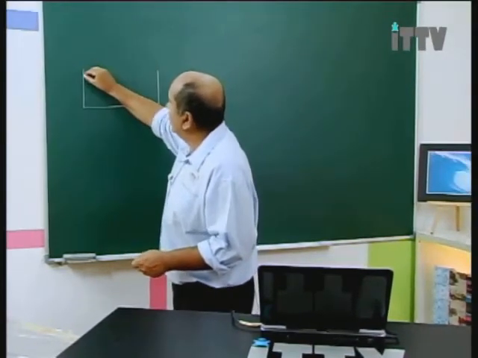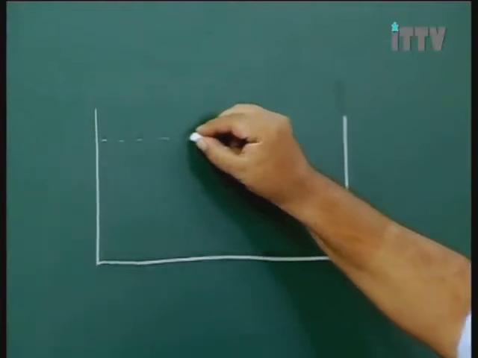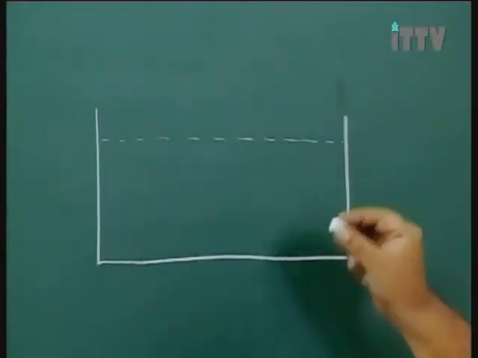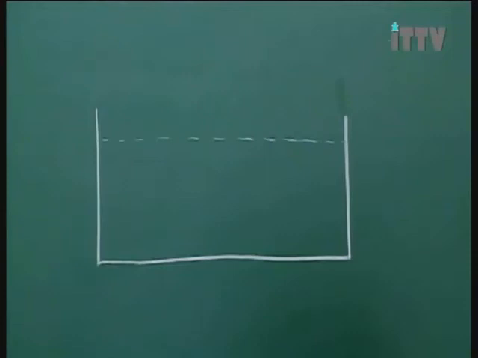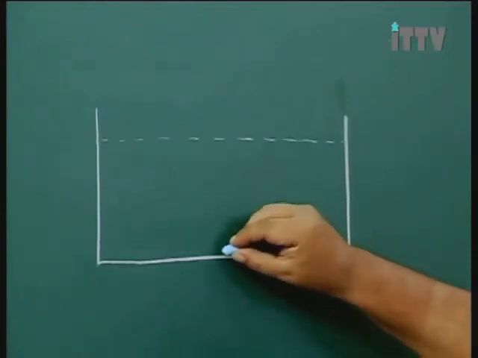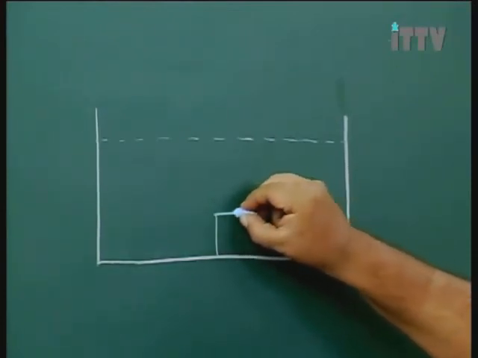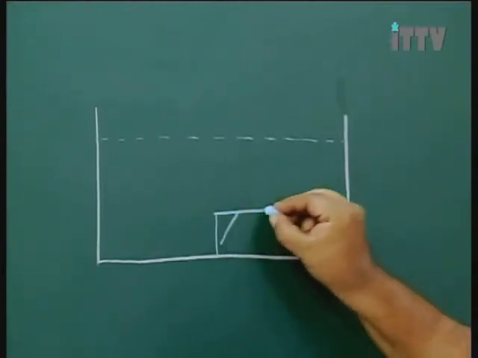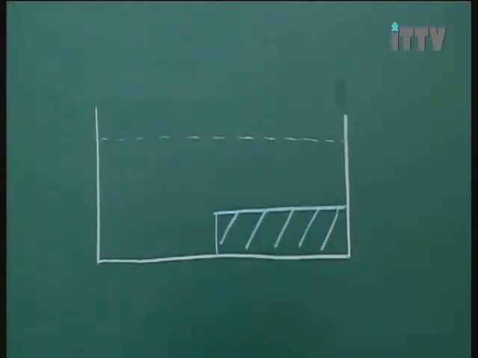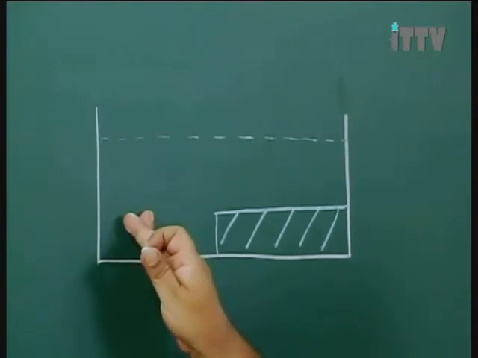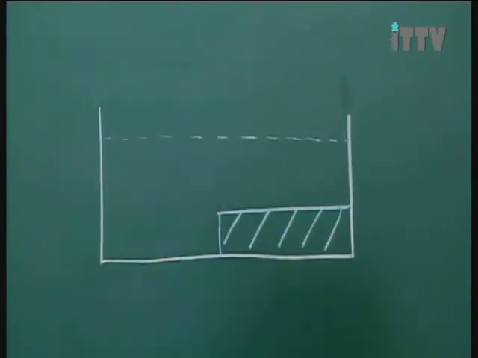Okay, let's draw in our water up here, like so. Now inside the ripple tank, let's place a glass block. I'm going to place a glass block over here. Now what we have is deep water over here and shallow water over here.